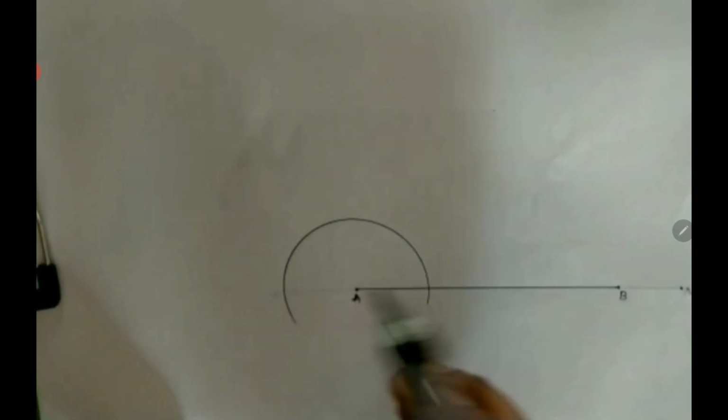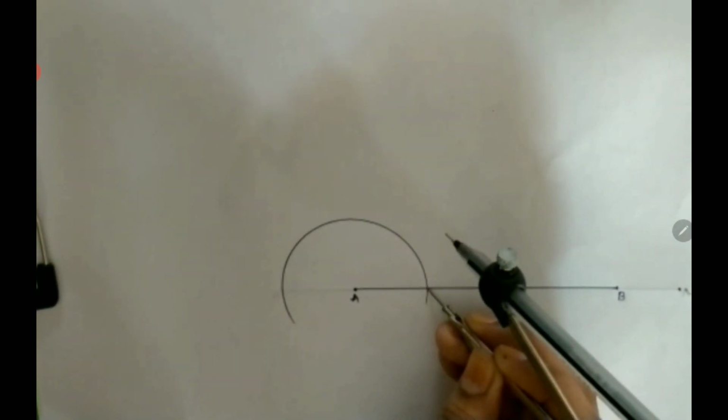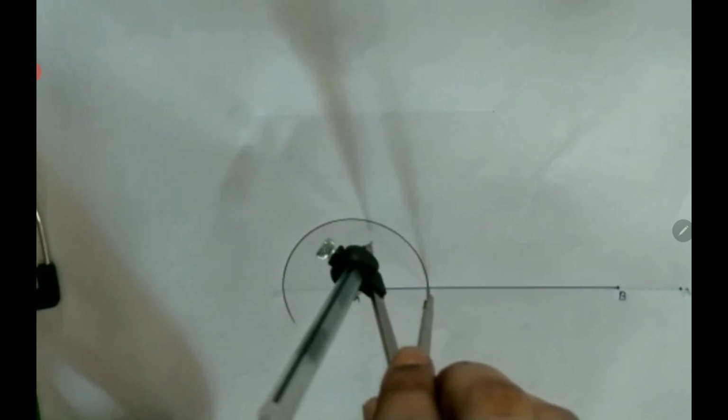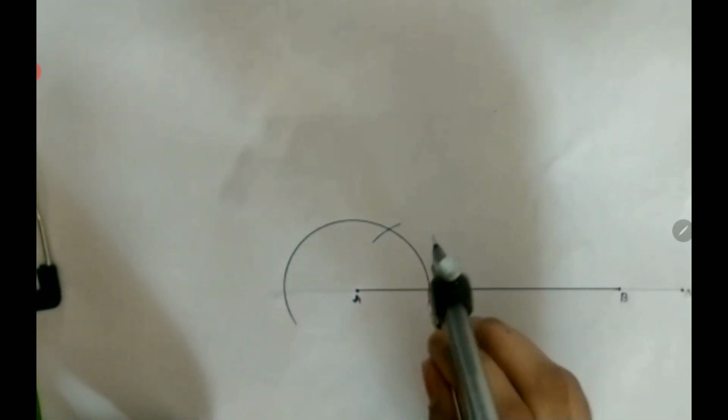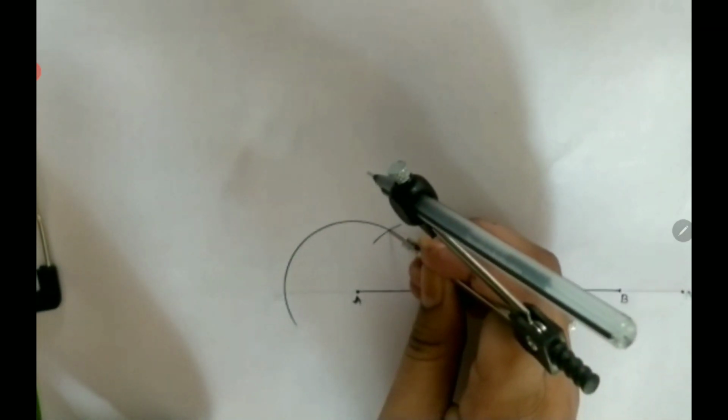Now you got the first point of intersection of the first arc and the line. With that point as a center, without changing the radius, cut the first arc. Now you will get 60 degree. This is the arc point for 60 degree.